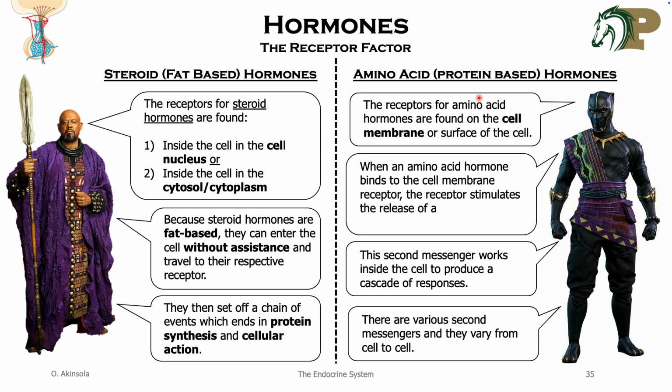So when an amino acid hormone binds to the cell membrane receptor, the receptor will stimulate the release of what we call a second messenger. And it is the second messenger that will work inside the cell to produce a cascade of responses. There are various second messengers, and they vary from cell to cell.